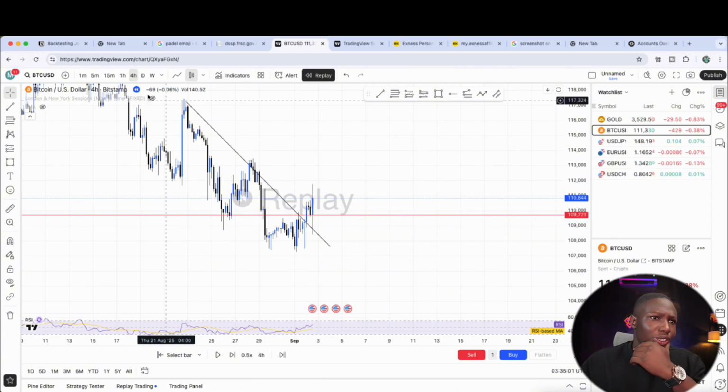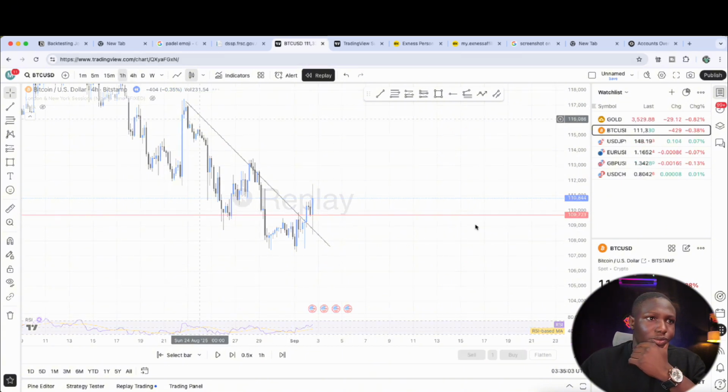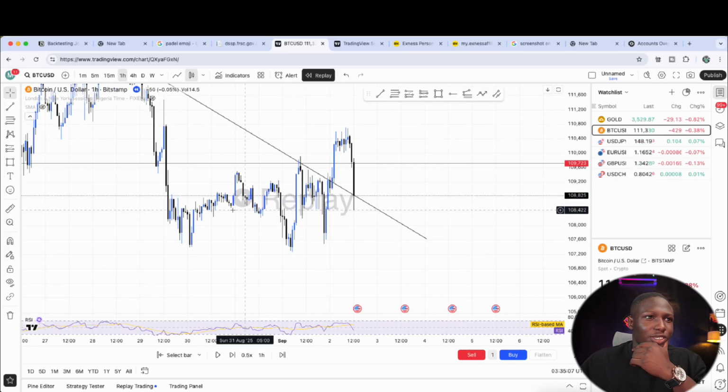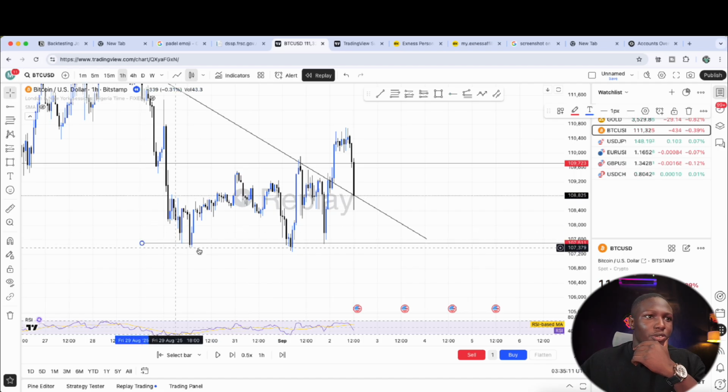So in the 1 hour, this is the new support zone. Price came here, couldn't break through this support, couldn't go lower.